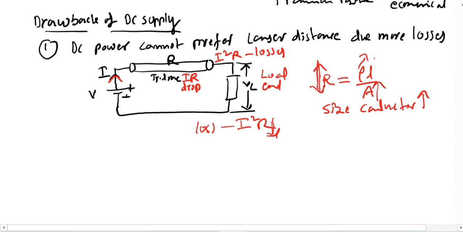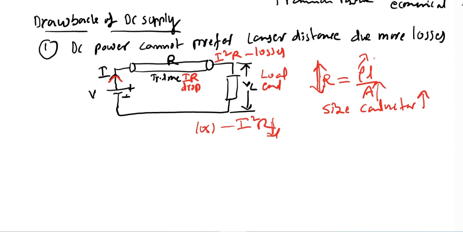Gold as a conductor has a different resistivity, and silver also has a different resistivity. But using gold or silver as a conductor is not encouraged, because those are very costly affairs.